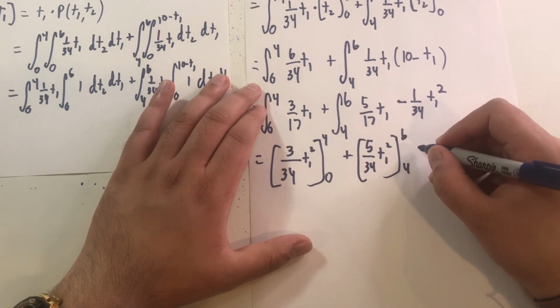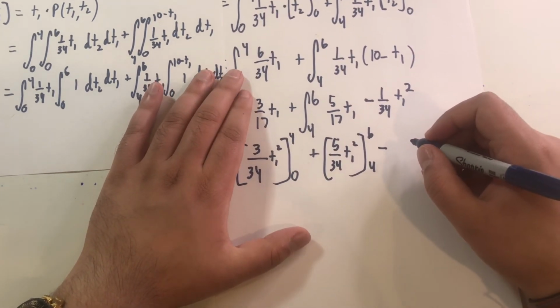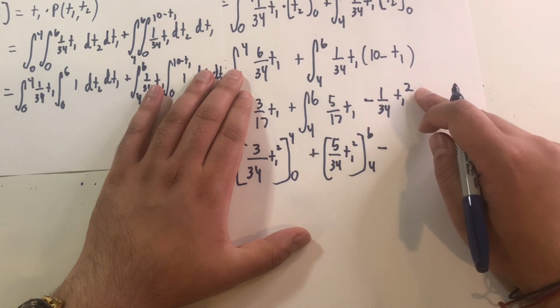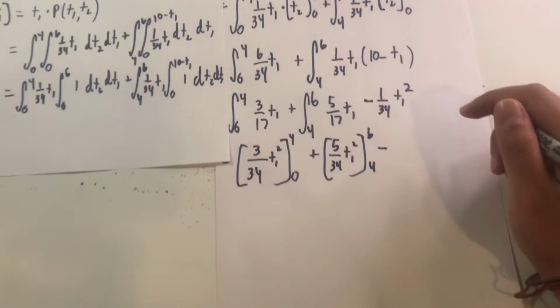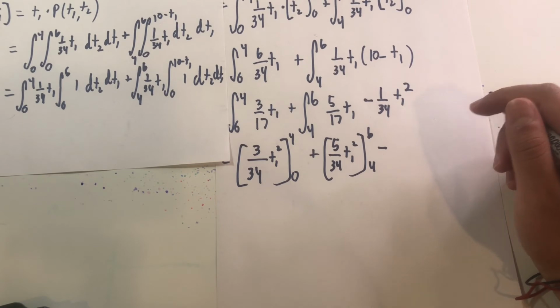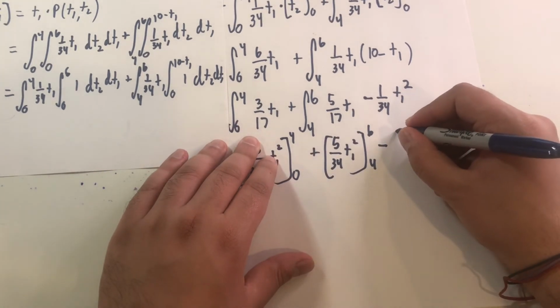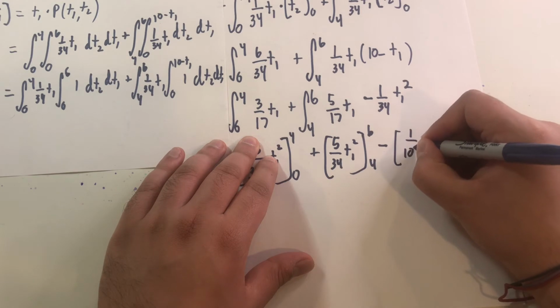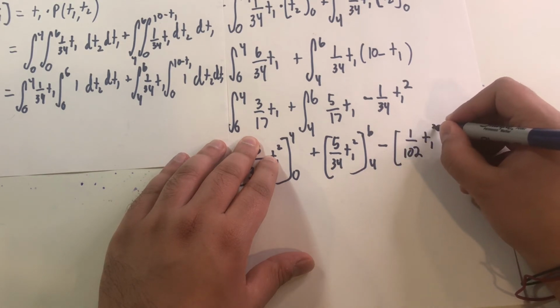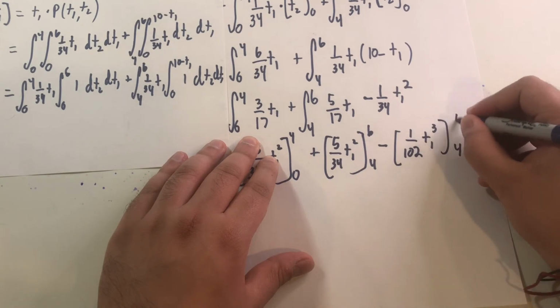And subtracted by 34 times 2, that should be 68. Oh no, times 3, because it's a t1 squared. So use my handy calculator, just make sure I'm doing that right. 34 times 3, 102. So this is going to be subtracted by 1 over 102 T1 to the third, also evaluated from 4 to 6.